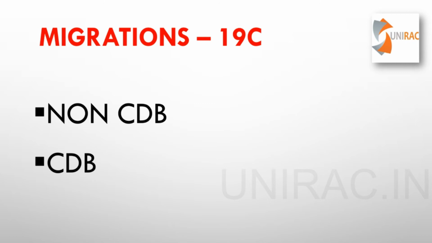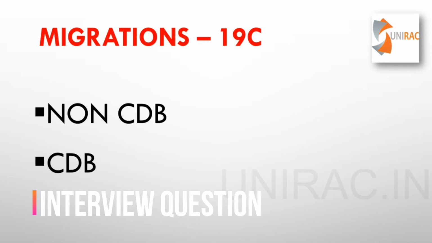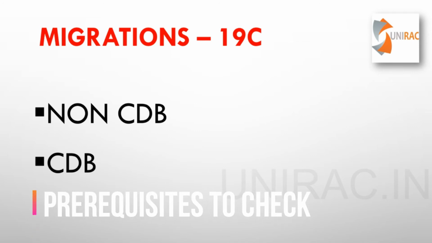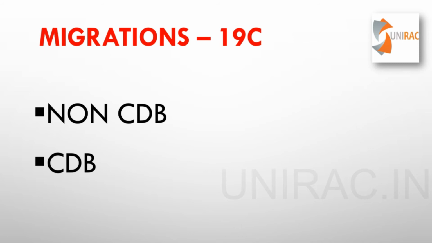Always while migrating, we have to check if it is a different platform. The endian number is the first thing which we need to check. It's even a common interview question: what are the steps involved in migrations? What is the prerequisite to check before migrating? In that case most of the people get confused.